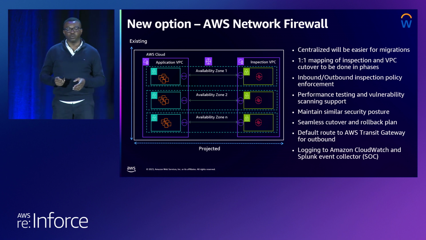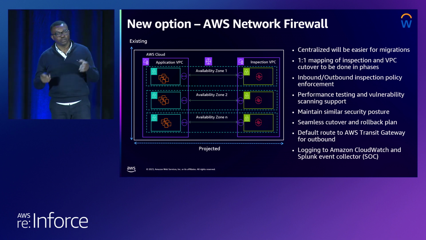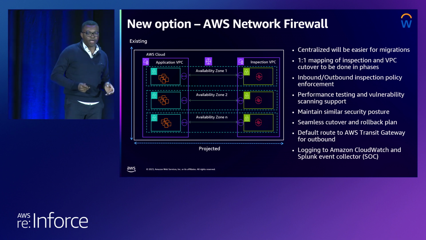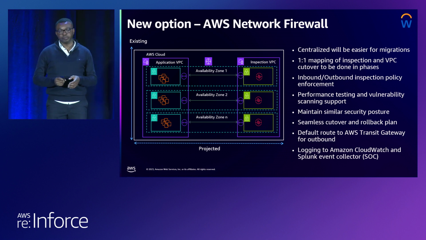So we thought that it would be good to use the centralized model. What this allows us to do is to deploy the AWS Network Firewall VPC side by side with our existing application VPC.